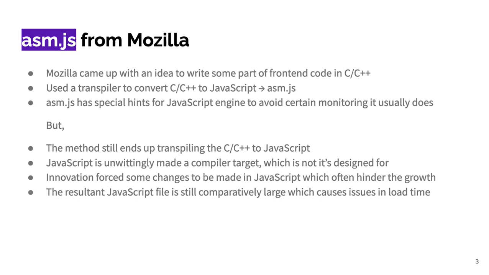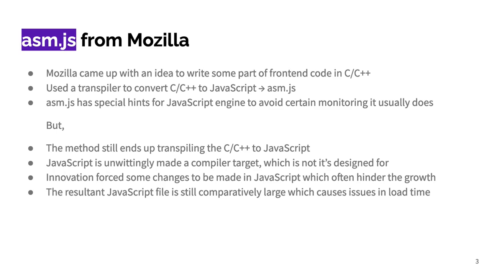But the innovation Mozilla brought in asm.js was that they had some special hints for the JavaScript engine, the JavaScript virtual machine in your browser, to avoid certain monitoring it usually does. For example, JavaScript, as you know, is an interpreted language. It's a scripting language, it's very dynamic, and it doesn't have strong data types. A particular variable can hold a string, and then the same variable can hold an int, a float, and so forth, right?